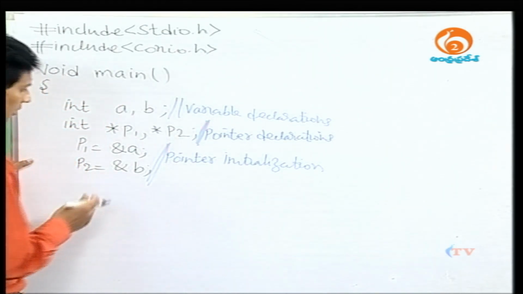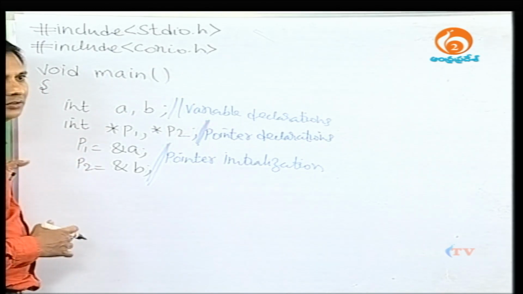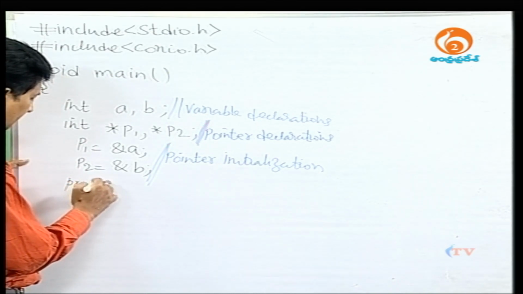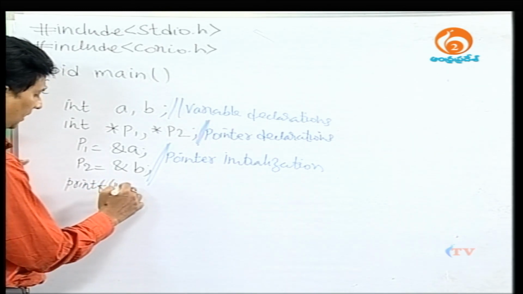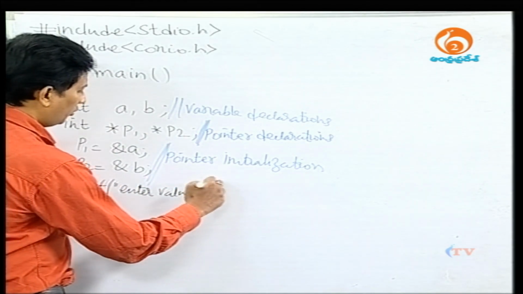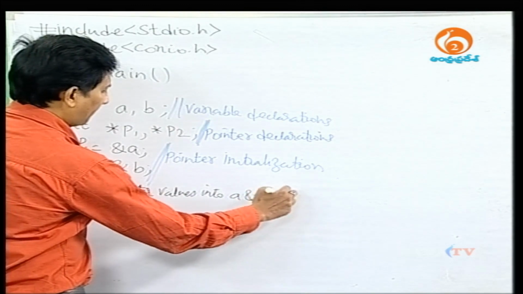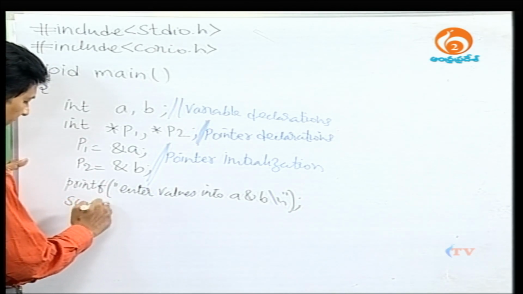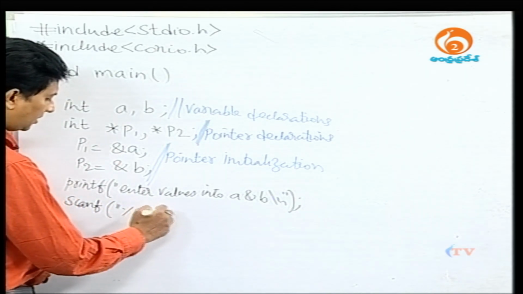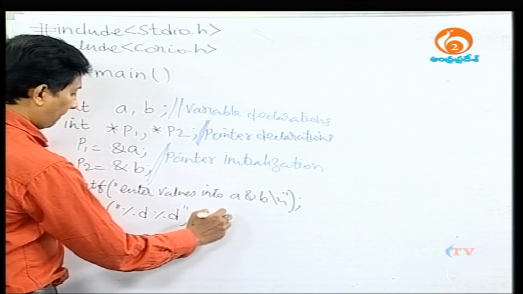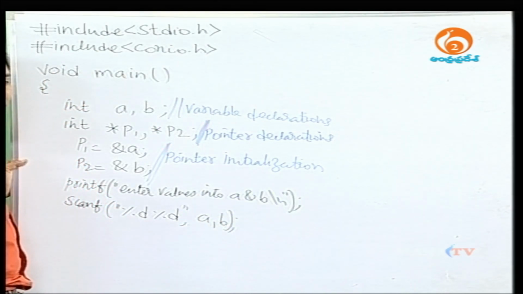Next, first of all I need to read the values and store them into the variables A and B. printf enter values into A and B. Next, scanf %d for each of the two variables A, B. Now two values are read from the keyboard.